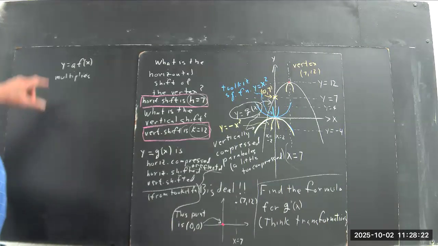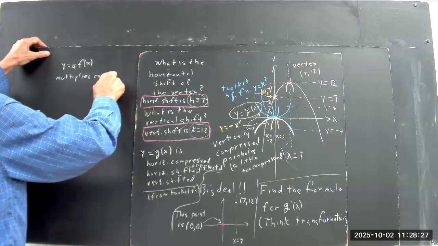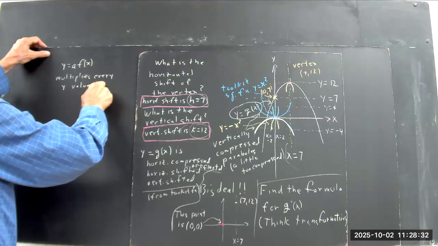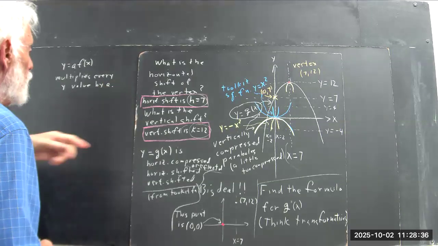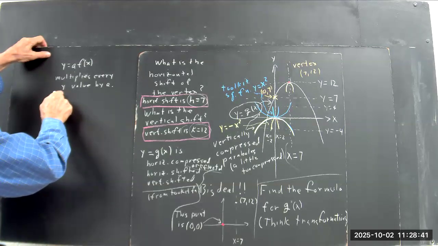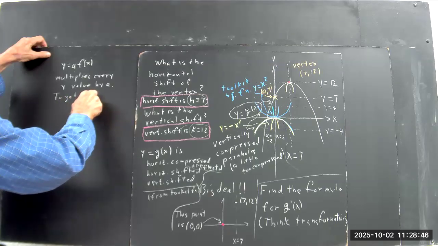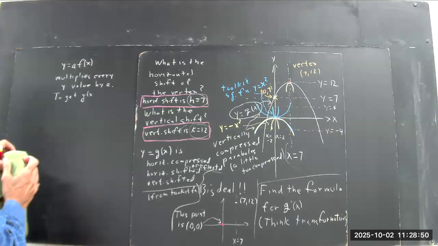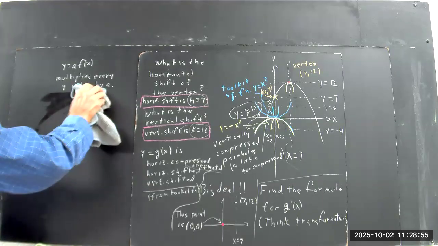Okay. y equals af of x multiplies every y value by a. For this function, well, I'm not even going to say it. We'll get it when we do the algebra.